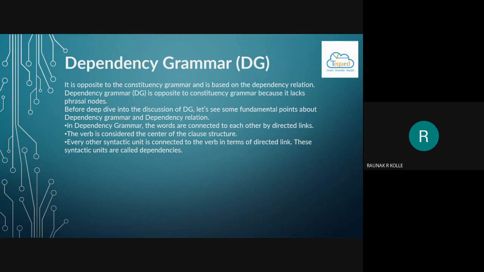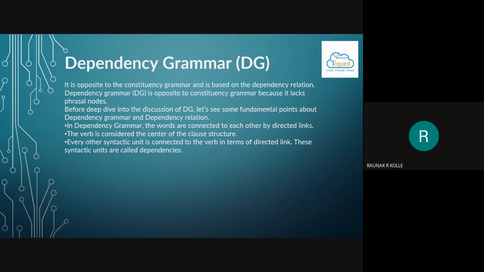Dependency grammar, DG. It is opposite to the constituency grammar and is based on the dependency relation. Dependency grammar is opposite to the constituency grammar because it lacks phrasal nodes. Before deep diving into the discussion of dependency grammar, let's see some fundamental points about dependency grammar and dependency relation.